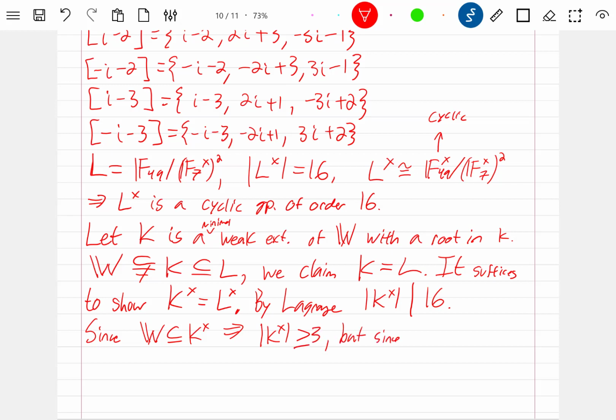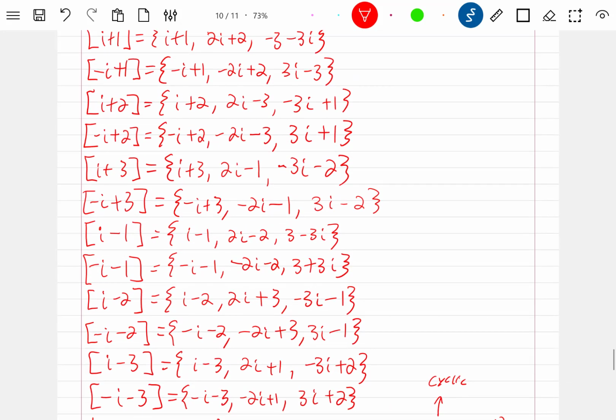But since it contains a root to our little k here, this implies that either I or minus I are in K, because these will be the two elements.